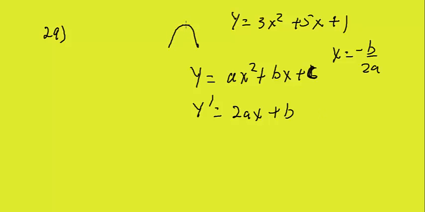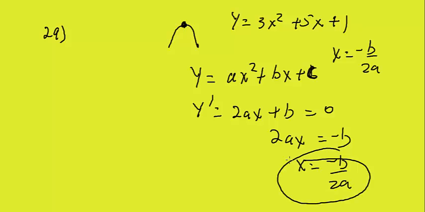At the vertex, what's the slope there? 0. Set it equal to 0. Solve for x. 2ax is equal to negative b. x is equal to negative b over 2a. That's where the formula came from.